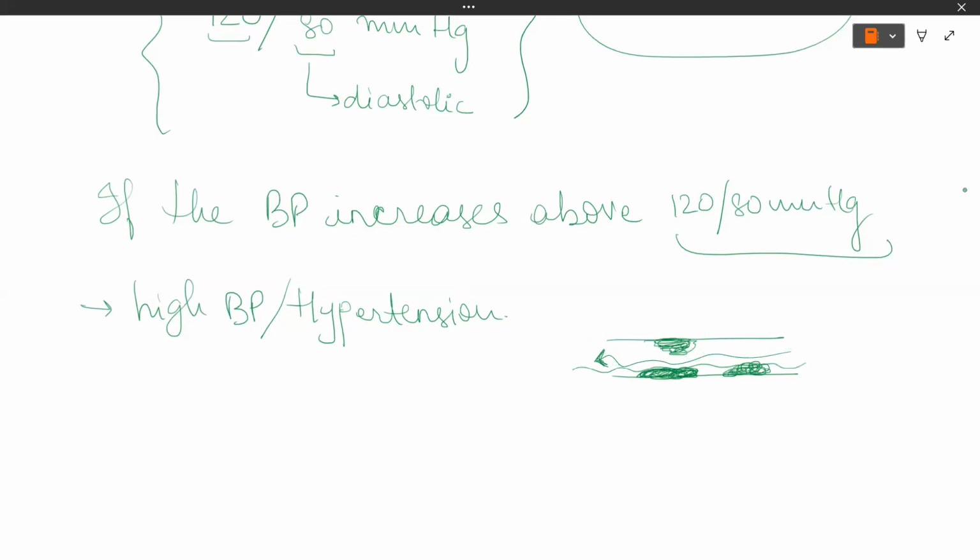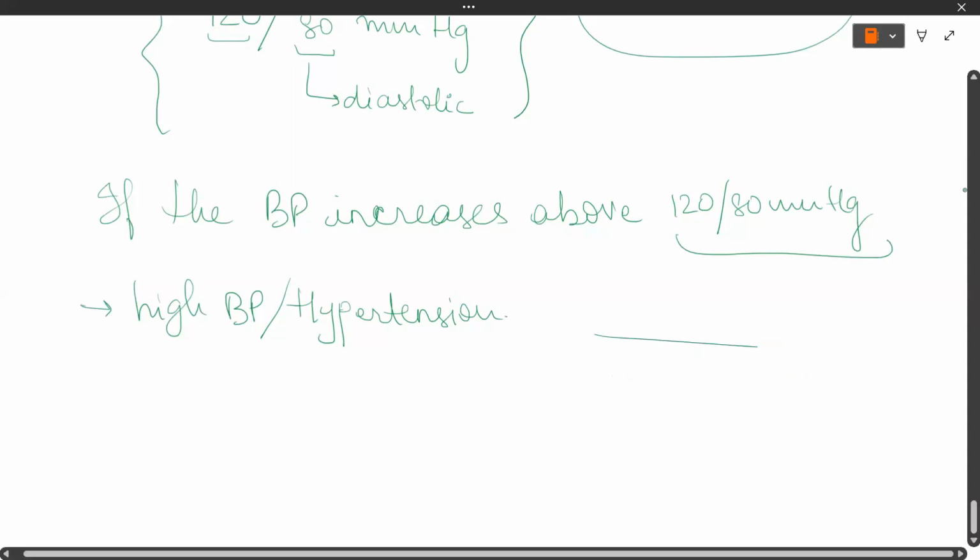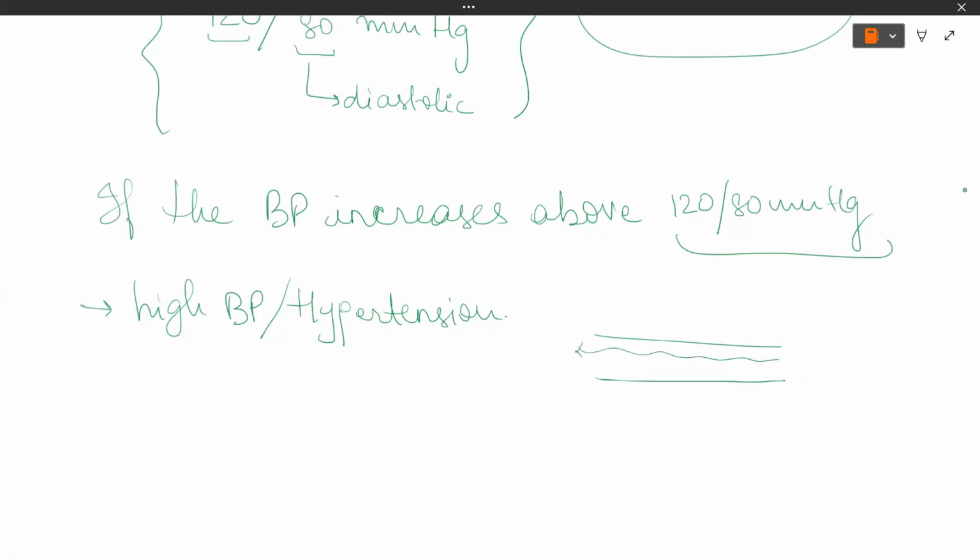Ma'am, could you please repeat again? Yes, from where do you want me to repeat? From here only, why we have high BP? Okay, see, wait. This is your normal blood vessel. The blood flowing through the normal blood vessel will flow normally.